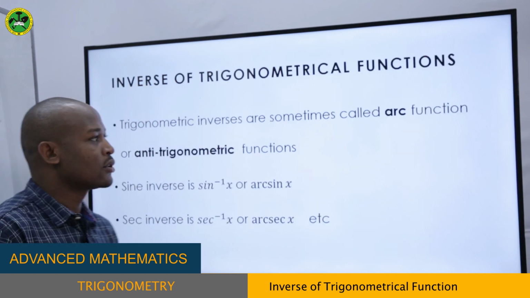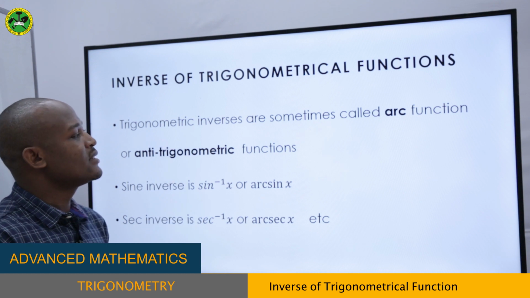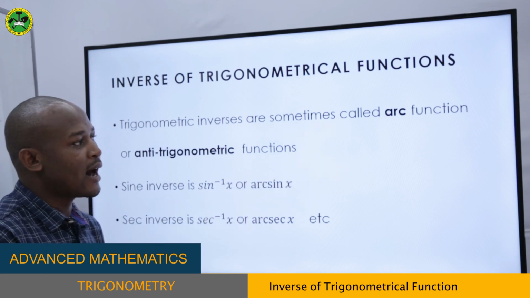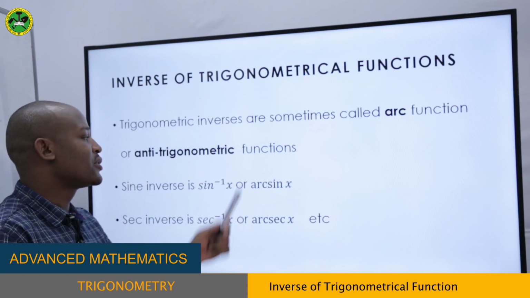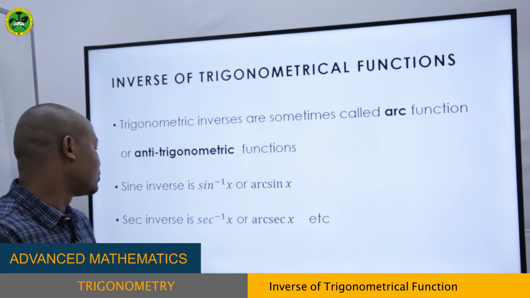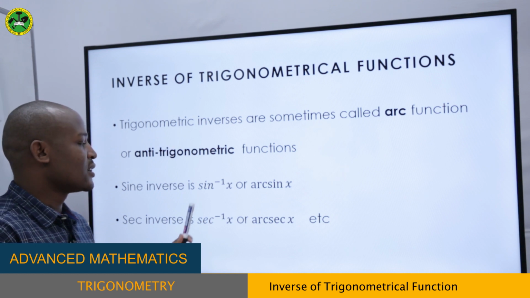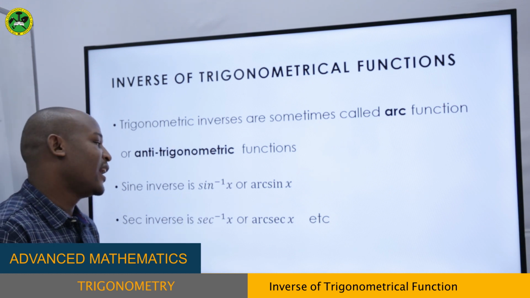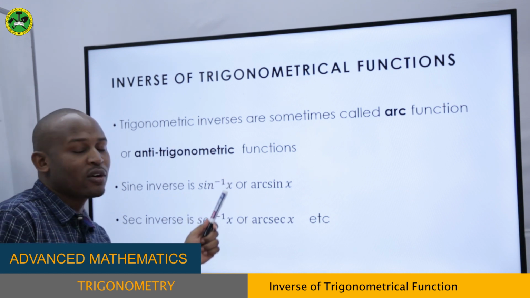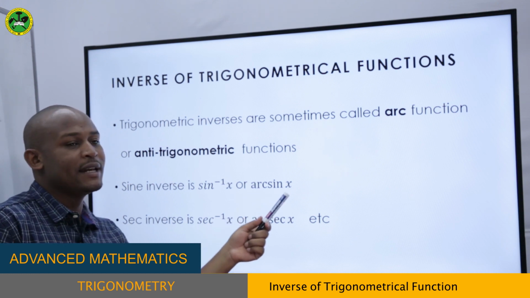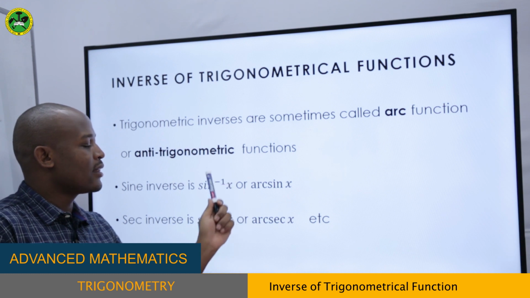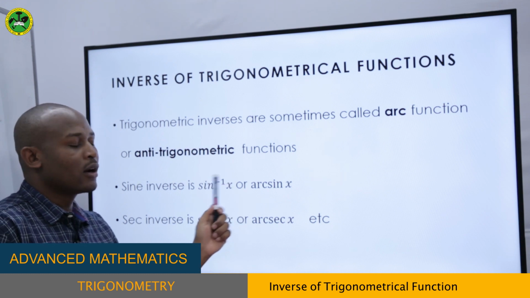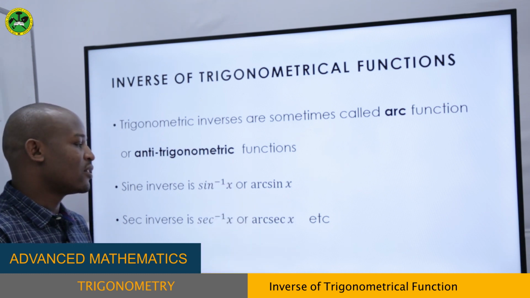Now, the inverse of trigonometrical functions. Trigonometrical inverses are sometimes called arc functions or anti-trigonometric functions. For example, sine inverse is referred to as sine raised to -1 of x, or arc sine x. If you put the word arc, the raised to -1 goes, and you are left with arc sine of x.